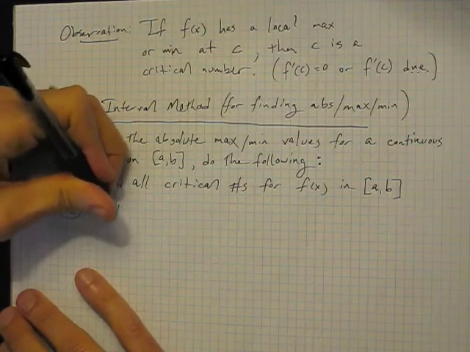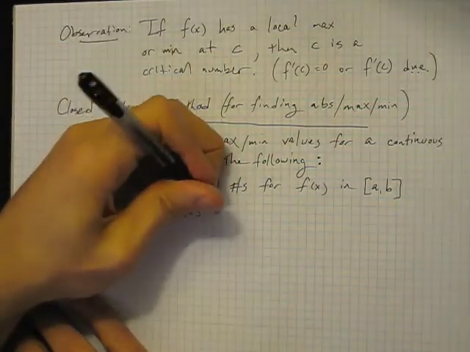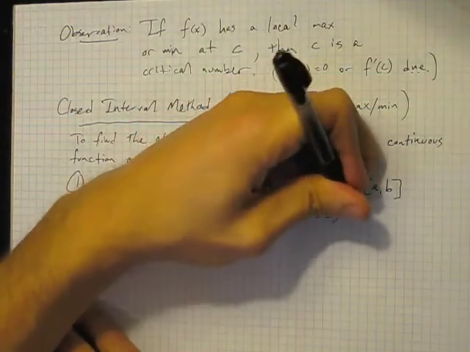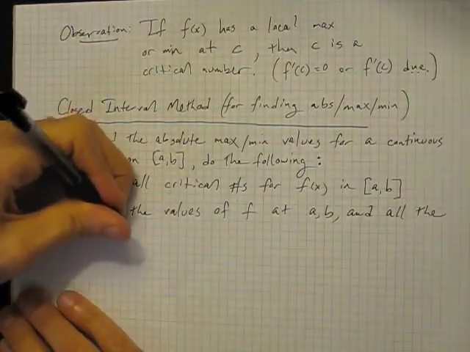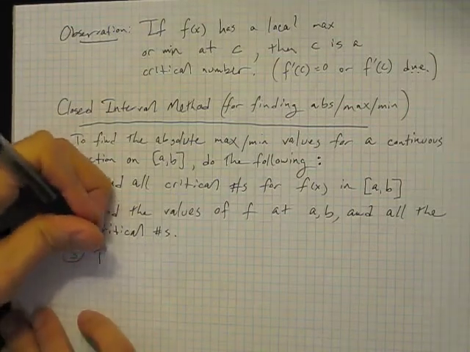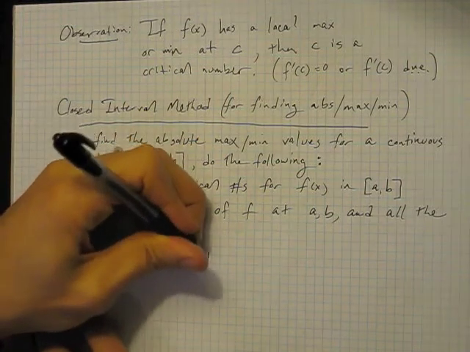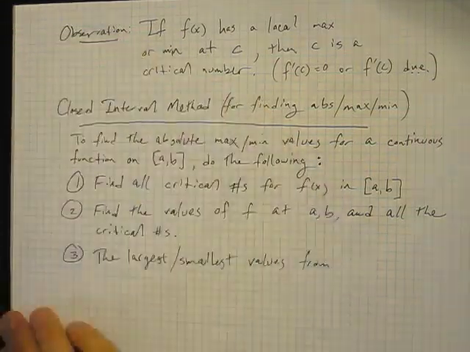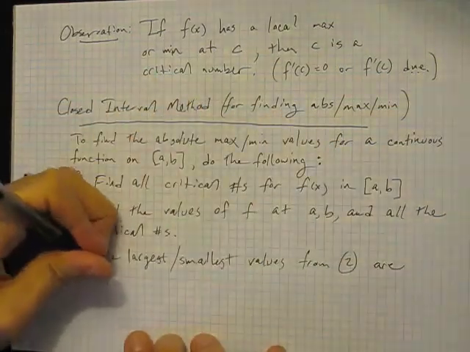Step two, find the values of f at a, b, and all the critical numbers. Okay. Step three, the largest and smallest values from part 2 are the absolute max and min.